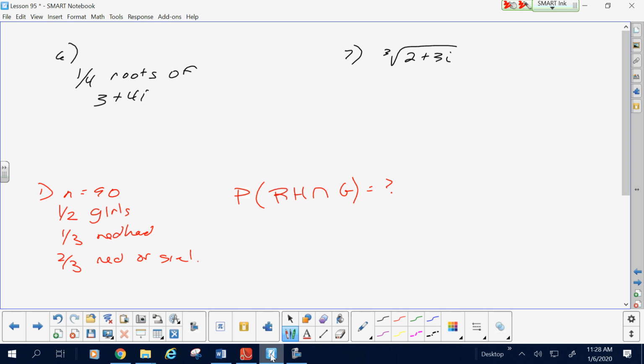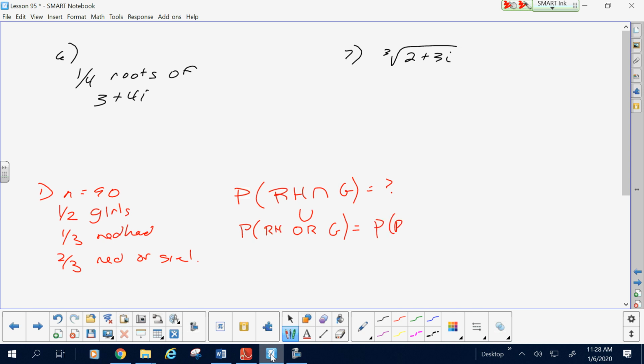Gosh, this is kind of a weird question. Don't they usually ask you for the probability of or, not the probability of and? What should we do? Let's write the formula like we normally would and put stuff in, and then we'll worry about that. So what's the normal probability idea? Probability of redhead or girl. How do you usually find probability of or?